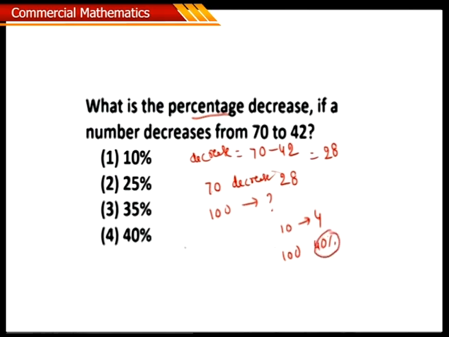Or you can do it like this also. 28 into 100 upon 70. So 7 goes here 4 times. So 4 into 10, 40%. This is the way in which you can solve this. First simply calculate the decrease.